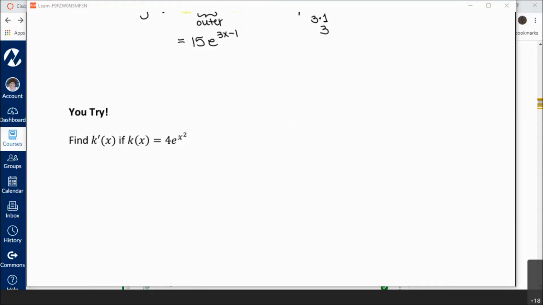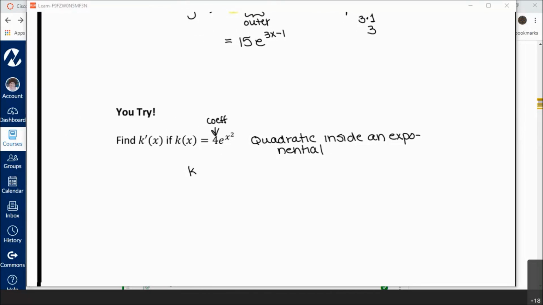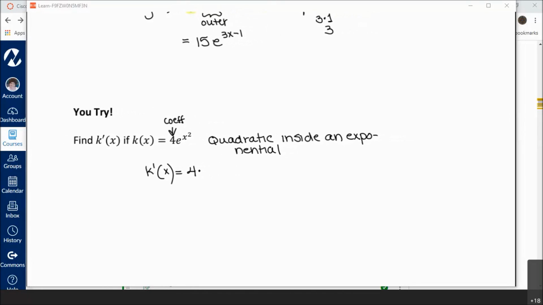Okay, here I have a quadratic inside an exponential. Okay, and the 4 is a coefficient. So if I want to take the derivative of k, I'm going to pull through that coefficient, and I'm going to differentiate the base e exponential, which is the same thing.